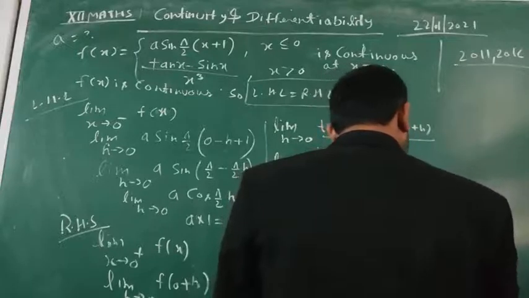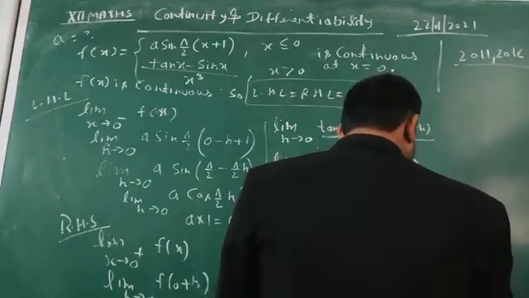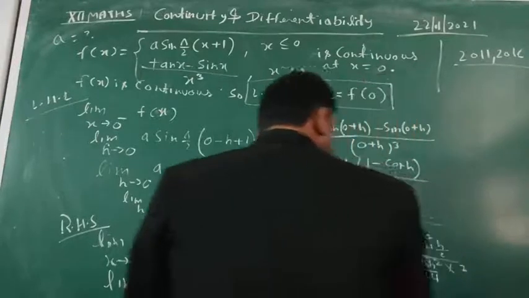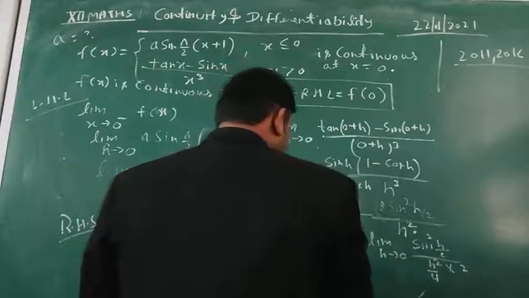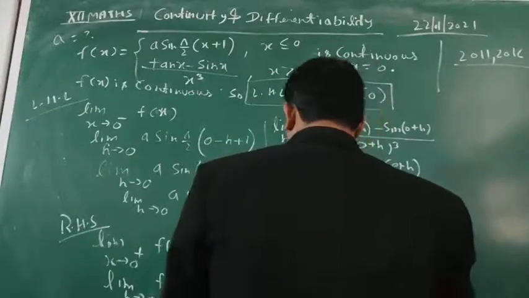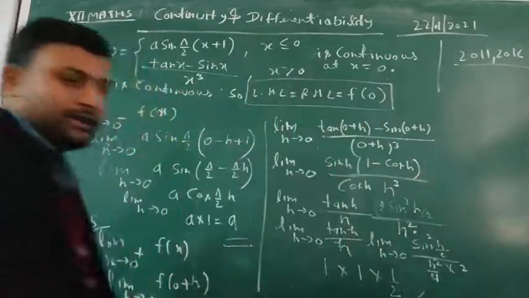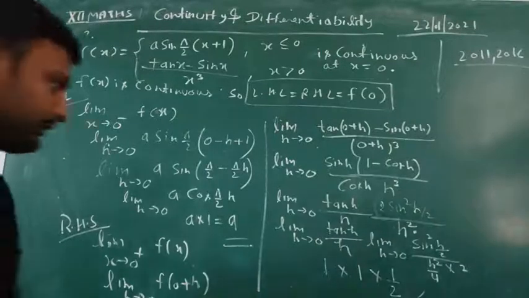Now we multiply with 2 and divide with 2, so it becomes 4. So this part is equal to 1, this part is equal to 1 into 1, so here we get 1 by 2. So our right hand side is equal to 1 by 2.